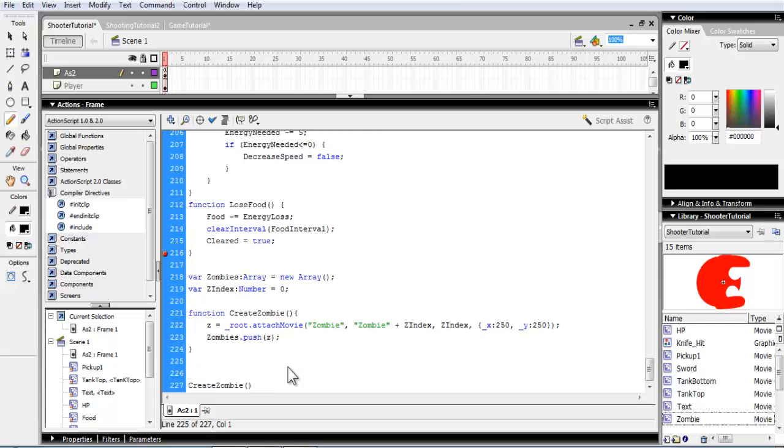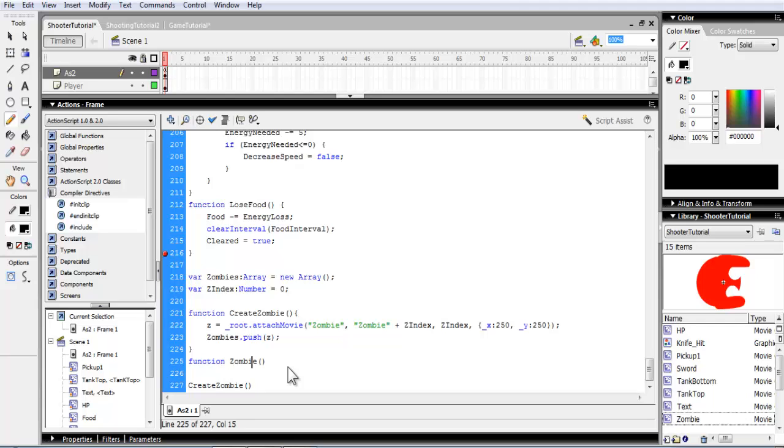And then in another function, we'll go function zombie act. I don't know what to call it.